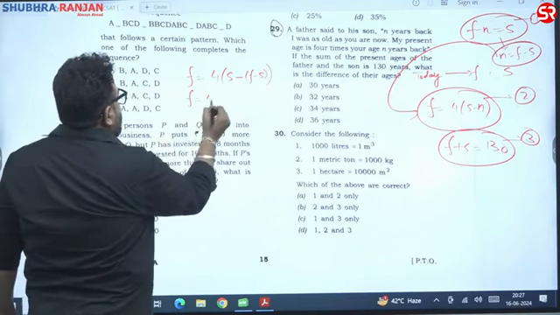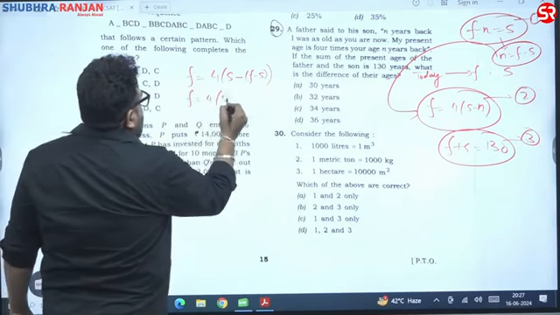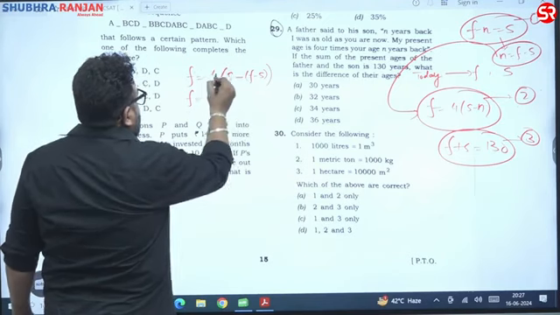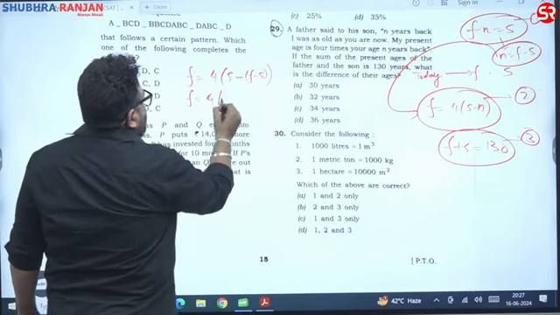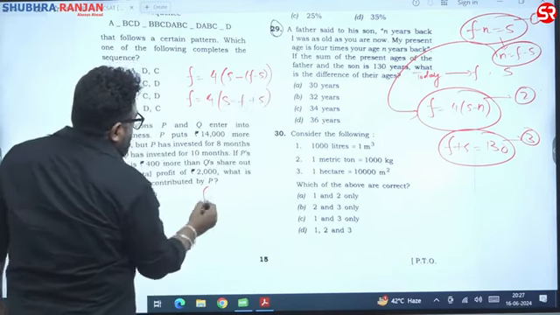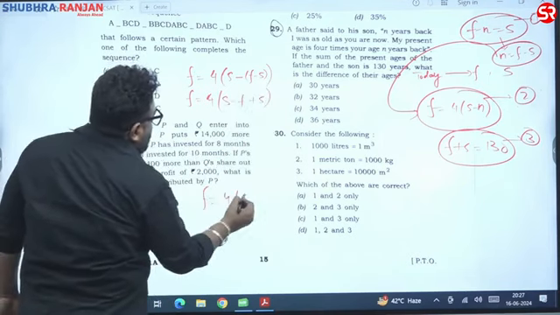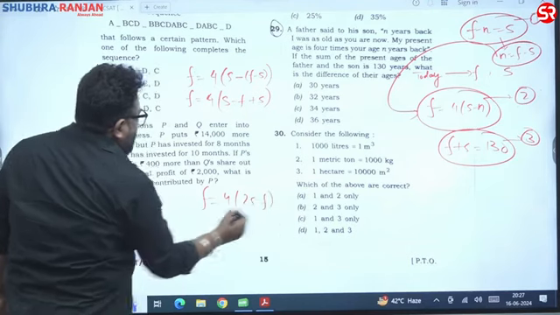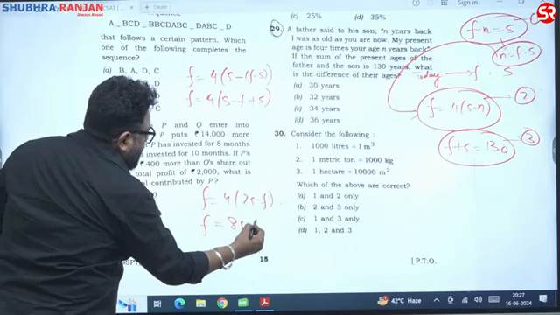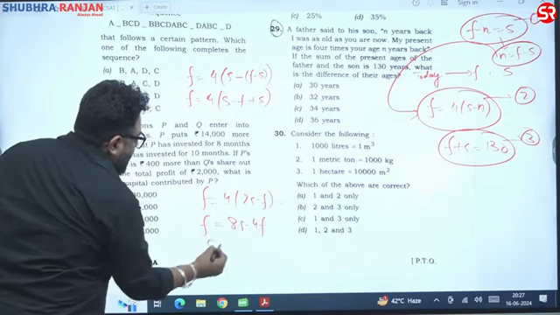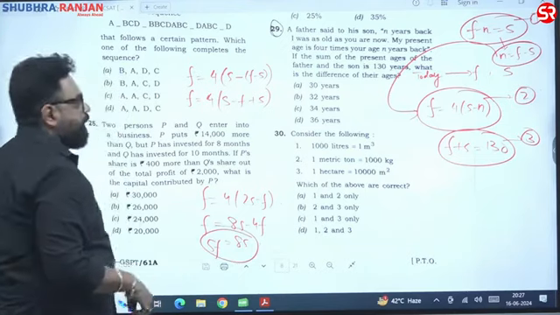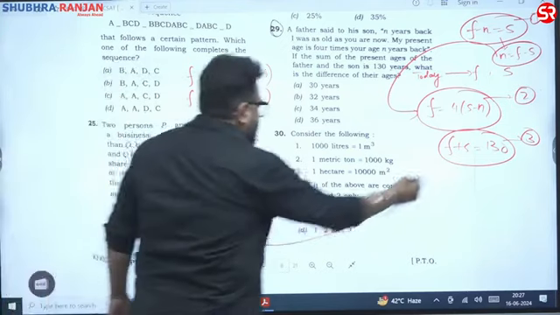So this is S, see this is 2S, sorry. F is equal to 4 times 2S minus F. So F is equal to 8S minus 4F. So 5F is equal to 8S.